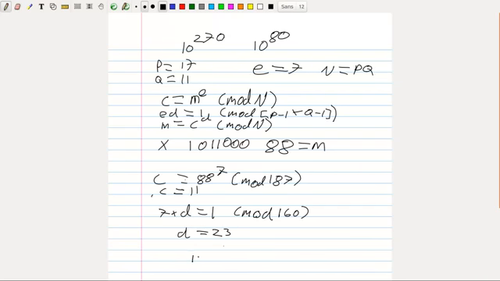We're going to put it to the power of 23, and we're going to apply that to the mod of 187, and that is in reference to this equation here. So again, I'll save you the trouble, but most of you have already guessed that that is equal to 88.